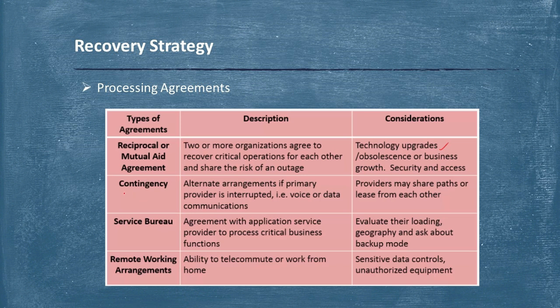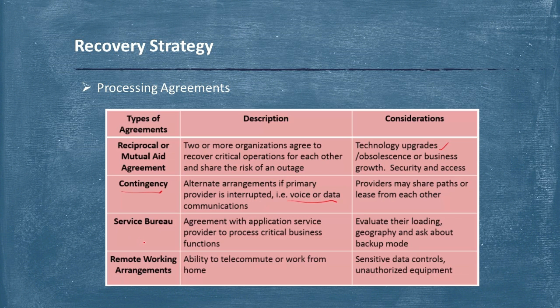Another type of agreement is a contingency agreement, an alternate arrangement if the primary vendor is interrupted, for example, voice and data communication. For a contingency agreement, the providers may share a path or lease from the other end. And this mostly applies to voice and data communication infrastructure.